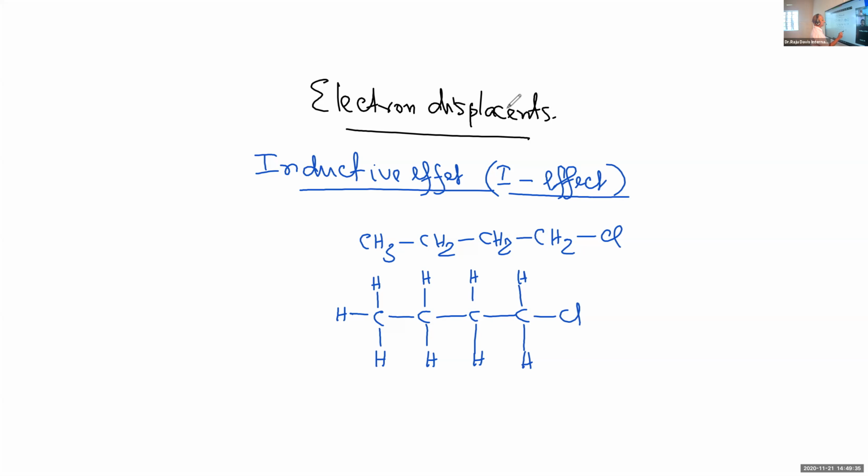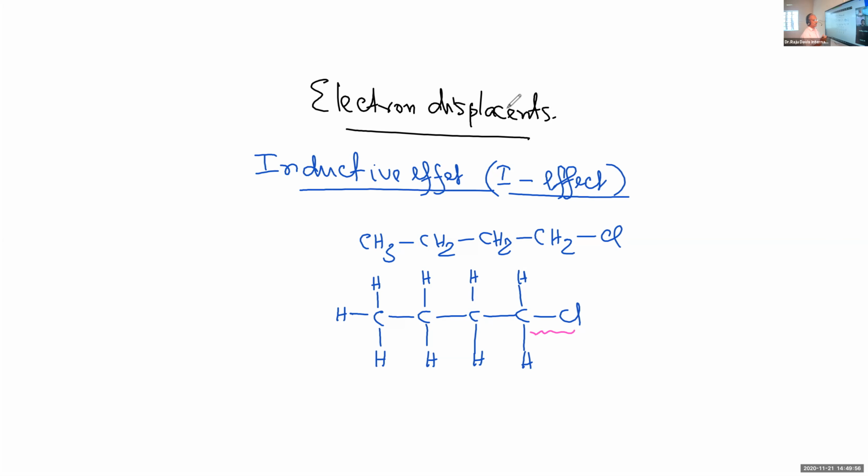Now you consider the carbon-chlorine covalent bond. We know between the carbon and the chlorine atoms, there is a pair of electrons, and the electron pair will be attracted by both the atoms.